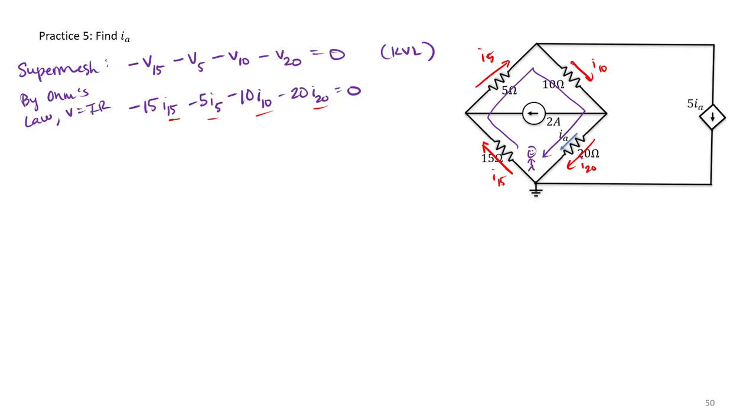One thing you want to be careful about here is to recognize that I10, for example, is not going to be equal to IA because there are branches and multiple paths for the current to take.